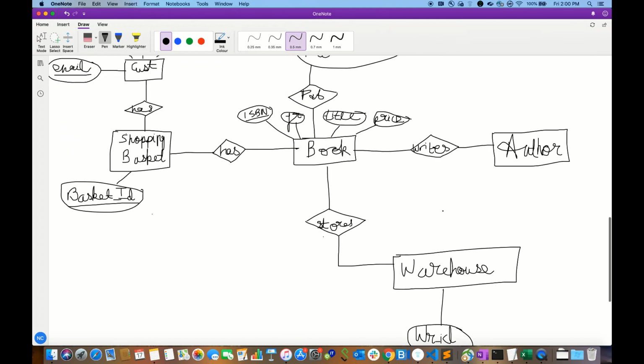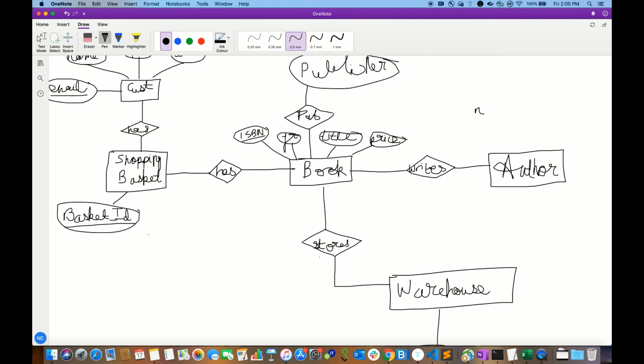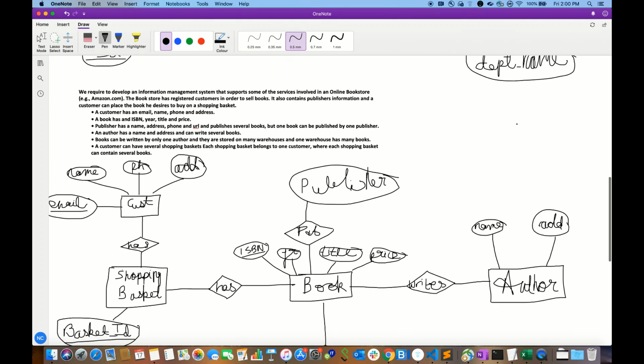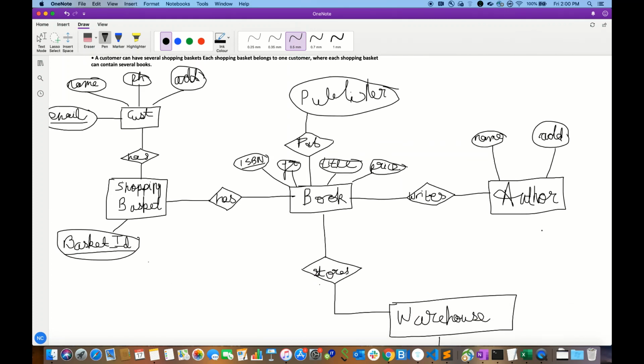And for the author, the attributes will be name, address. Since both the attributes can't be the primary key, we need to identify with the author ID, AUTH.